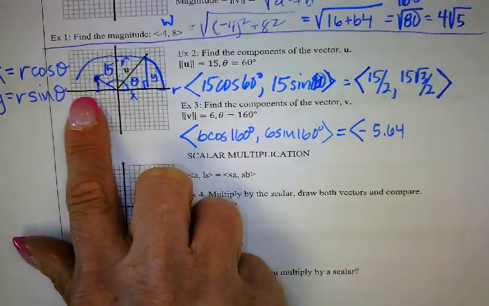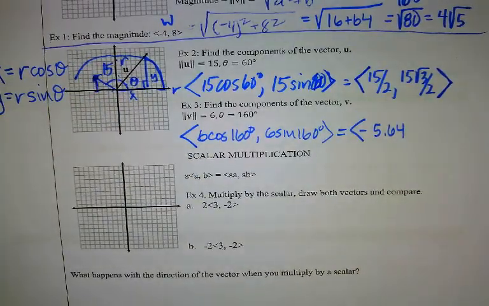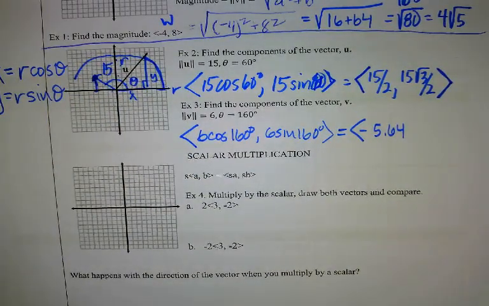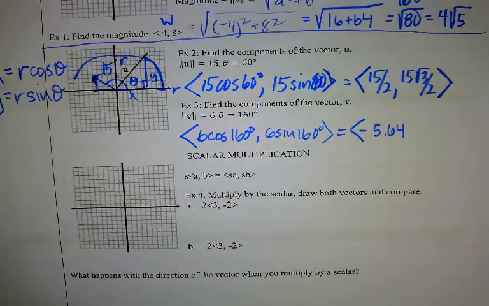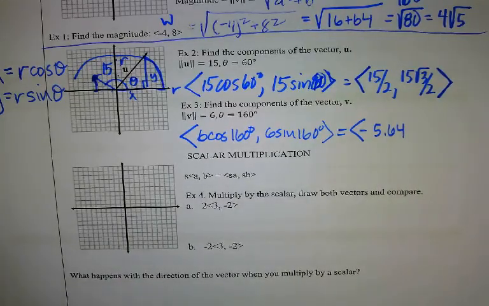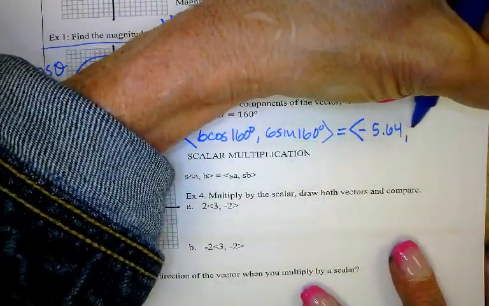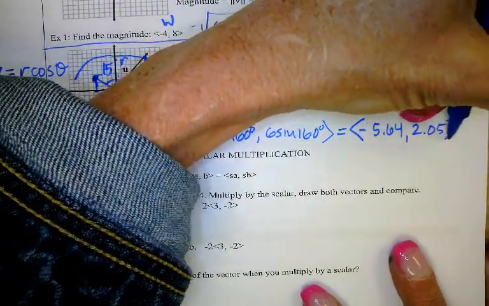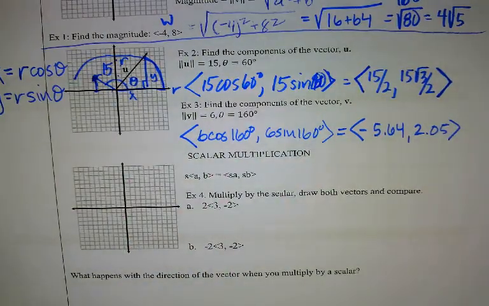And then 6 times the sine of 160 should be positive. And that's 2.05. Okay, so for things that aren't unit circle angles, using a calculator is just fine.